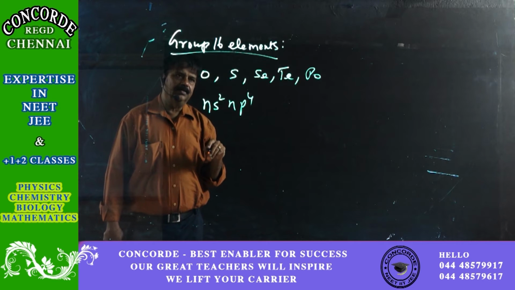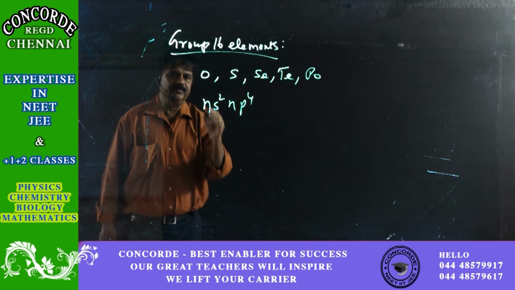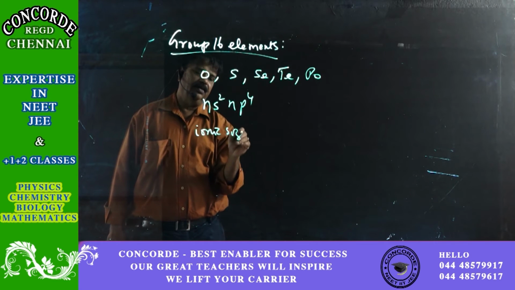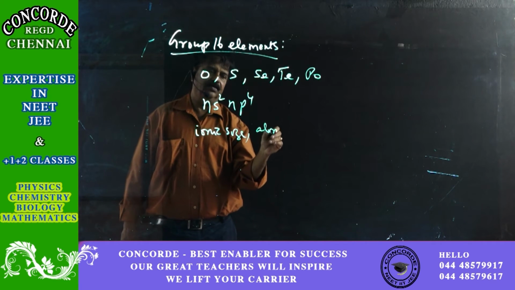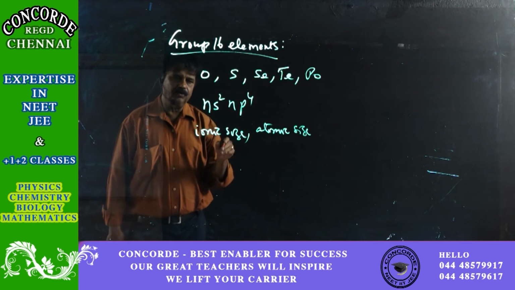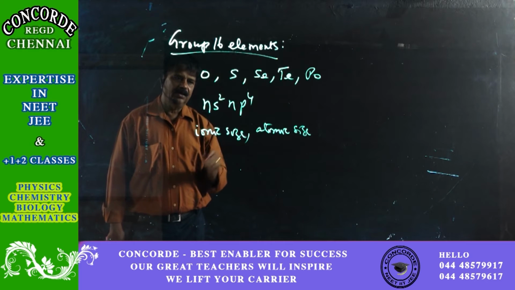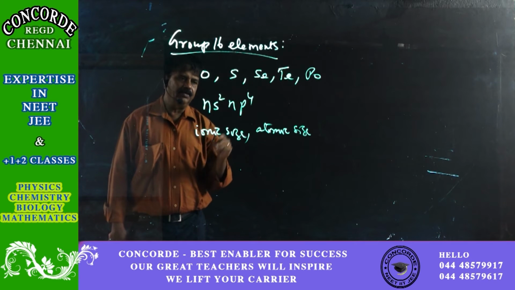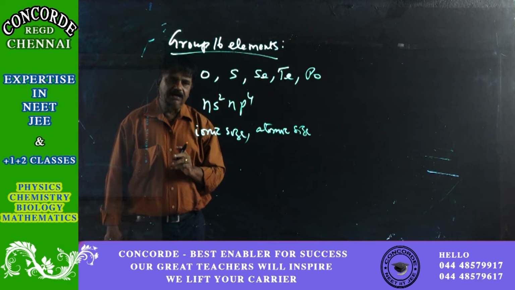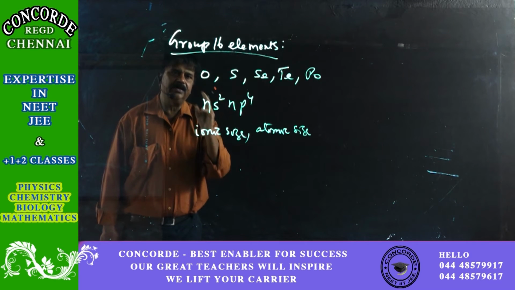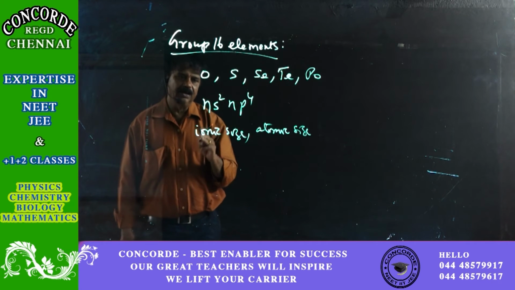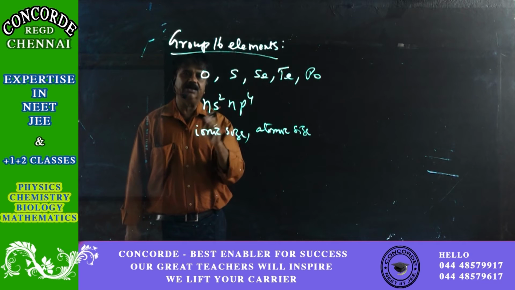If you take this group, the ionic size as well as the atomic size increases down the group due to the addition of more shells. But oxygen is very exceptional because it's a very small element, whereas sulfur, the next element, has a bigger size comparatively when compared to oxygen.